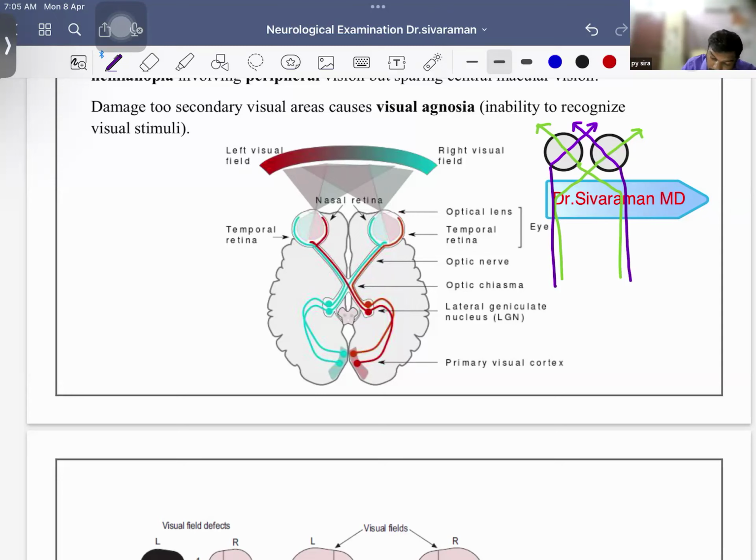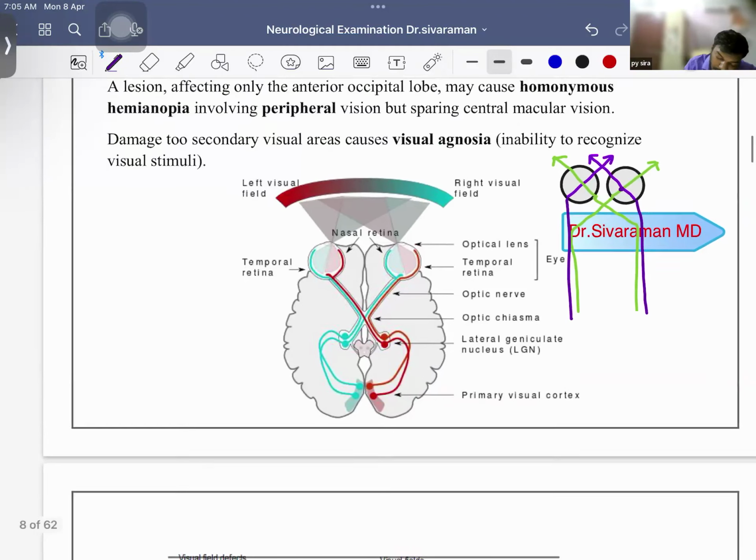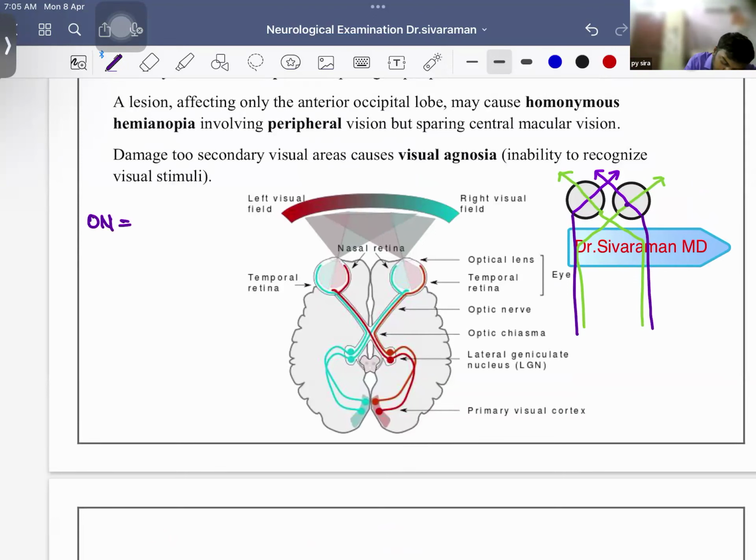Whenever there is a lesion in the optic nerve itself, it is going to be unilateral blindness. Whenever the lesion is in the optic chiasma, both the temporal fibers are affected, so it is bitemporal hemianopia.